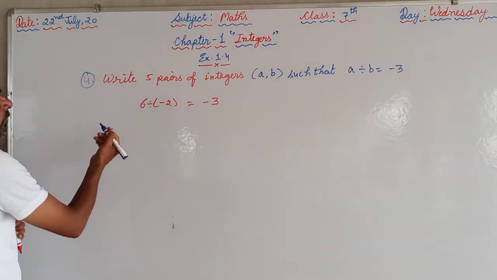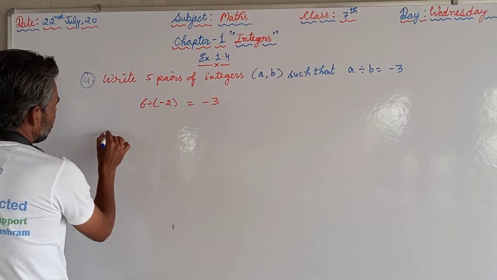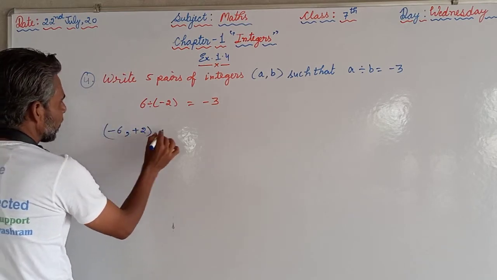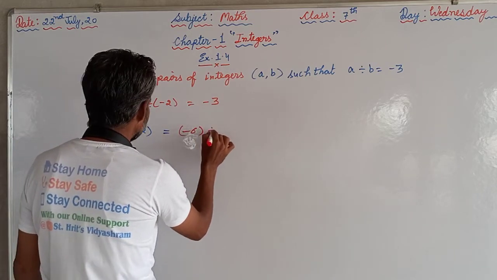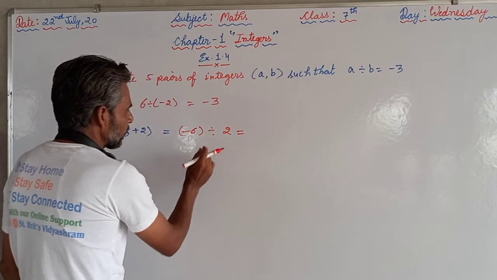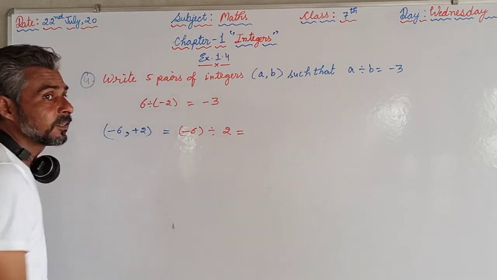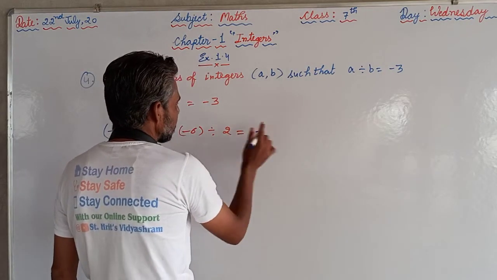So the first one we can select here: it is 6 and minus 2, so we can do minus 6 and plus 2. We can verify. How we can verify? Minus 6 divided by 2. Here again the divisor has the positive sign and the dividend has the negative sign, so the answer will be negative, and 2 threes are 6.